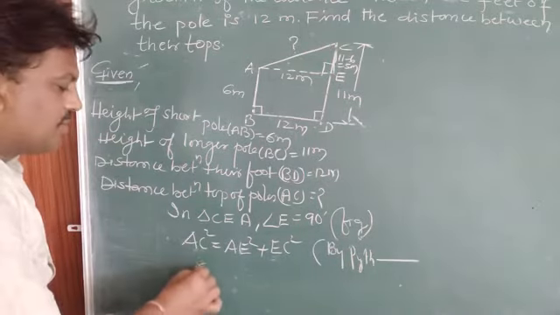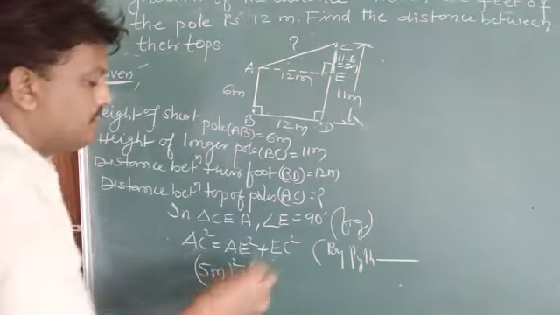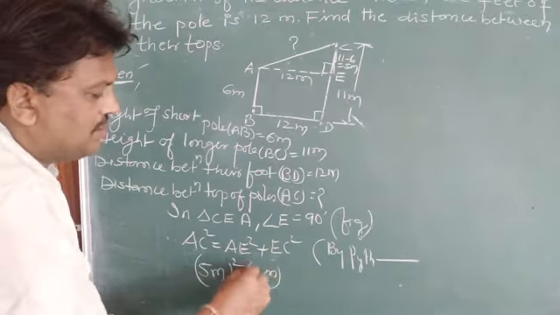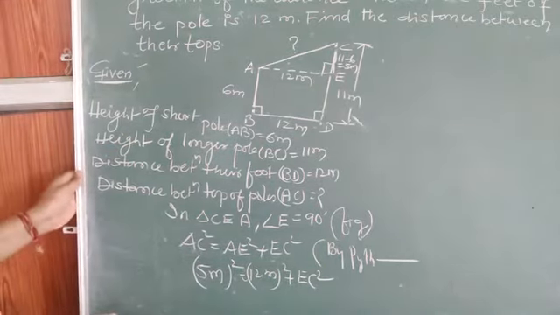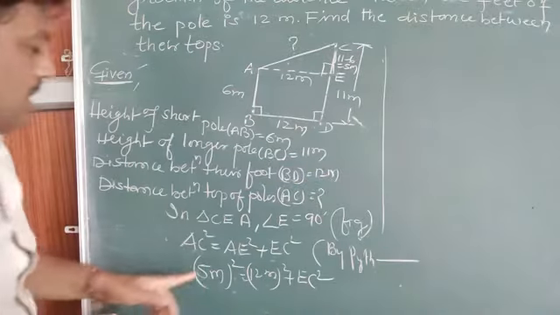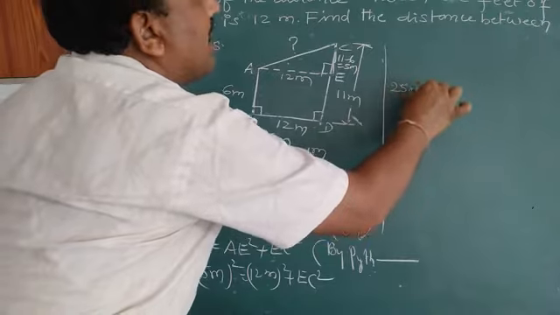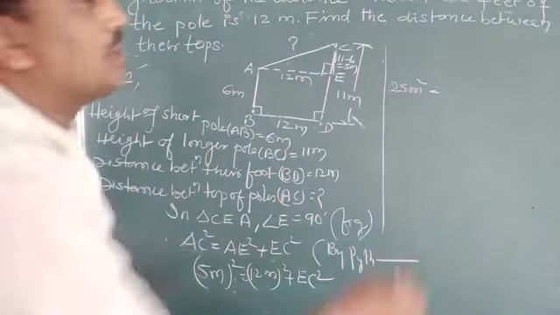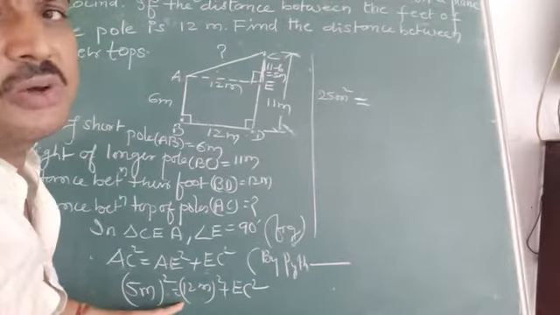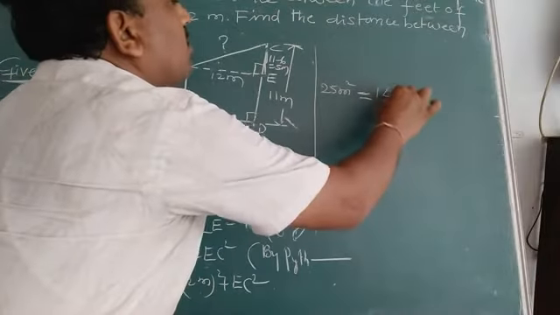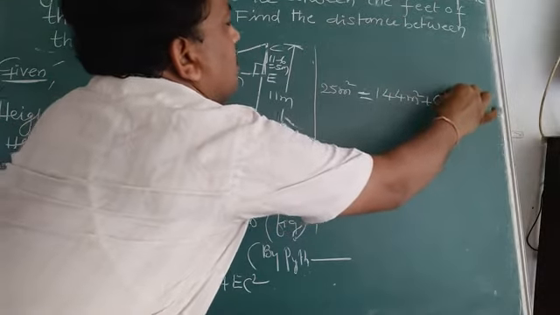AC square how much? 5 meter whole square, 12 meter whole square plus EC square, you have to find out, children. Very simple, children. 5 meter whole square, 25 square meter, and 12 meter whole square, 12 is 144 square meter plus C square.